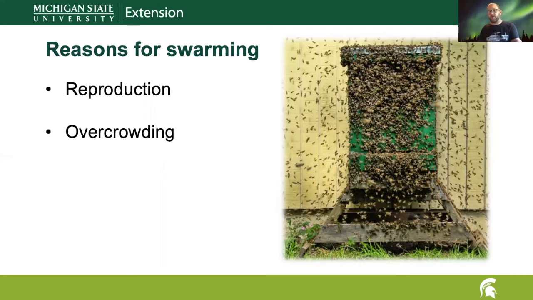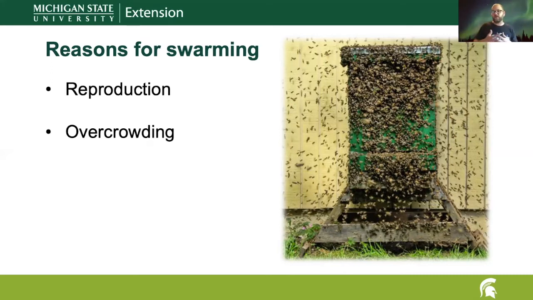In cases of overcrowding, these are swarms that are initiated due to a set of internal hive conditions that cause stress on the colony, like queen pheromone dilution, brood nest limitations, backfilling, or just clogged space within the hive overall. The swarm impulse in this situation is really to maintain the appropriate size of a colony.